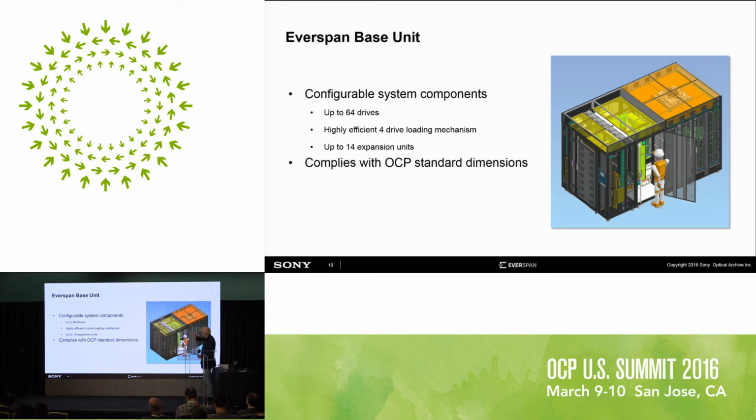And these expansion units we can add to and get to a total length for this product of about 55 feet. So we add in a row design more expansion units to the base unit, and the robotic is here in the middle and then moves media to this drive unit, and the drives then are loaded with these media.